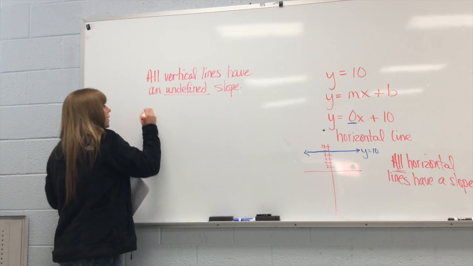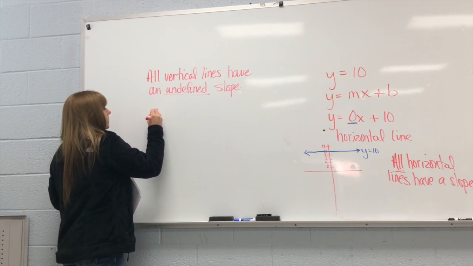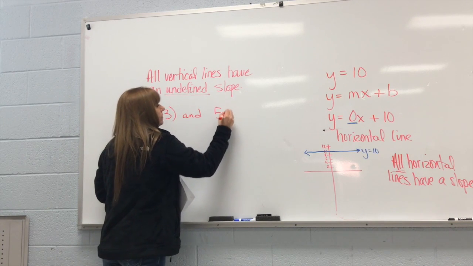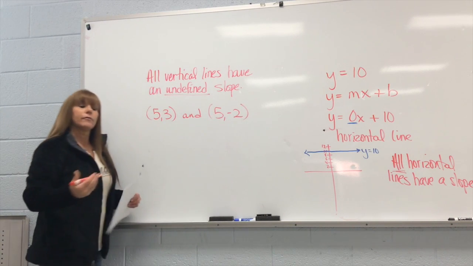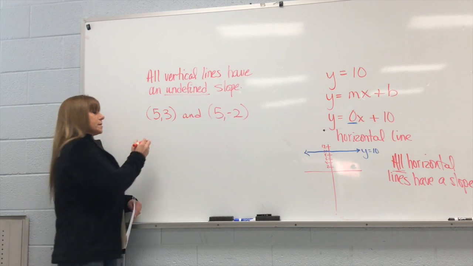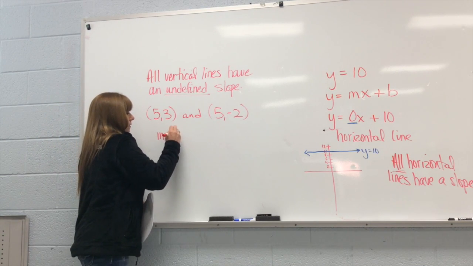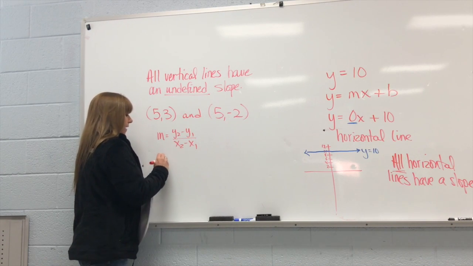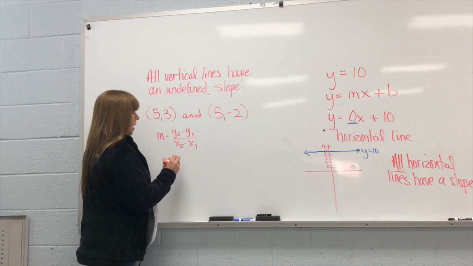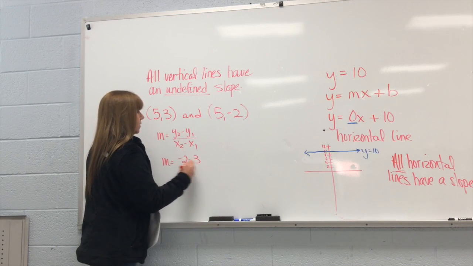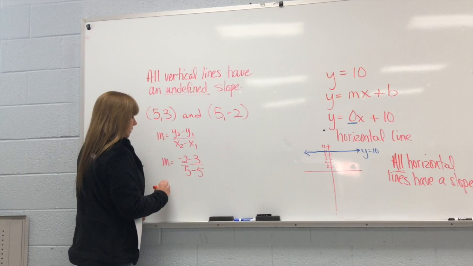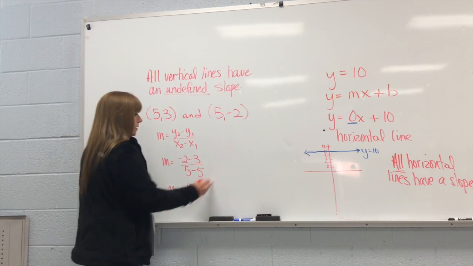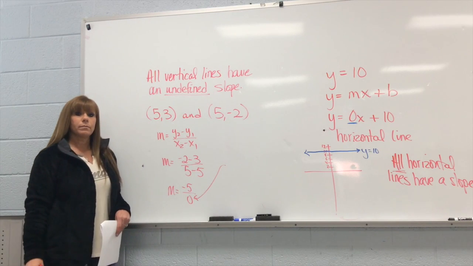Well, suppose I have 2 points, (5, 3) and (5, negative 2). If we were going to find the slope of this line, I take negative 2 minus 3 over 5 minus 5. That gives me negative 5 over 0. Okay? That 0 is a problem.